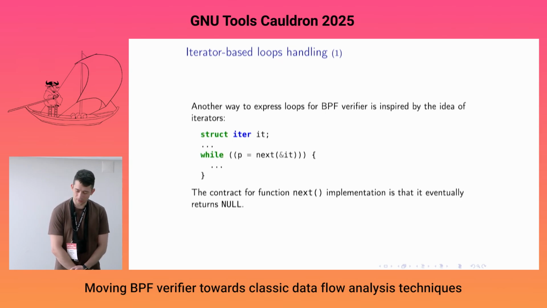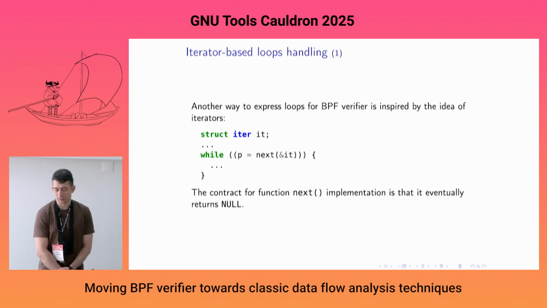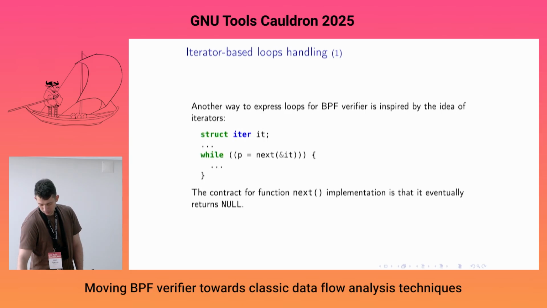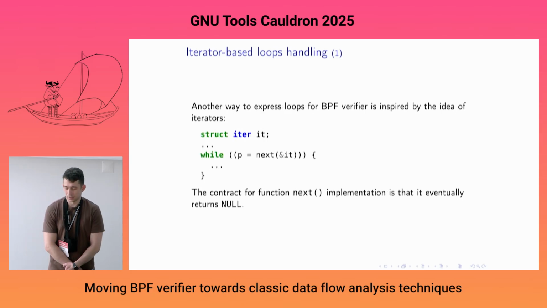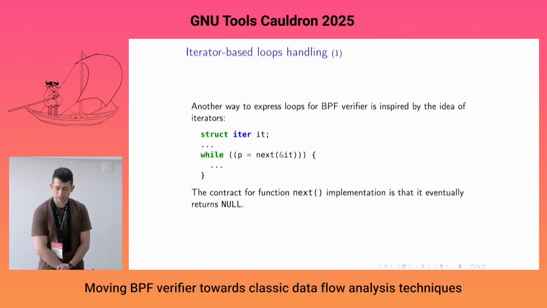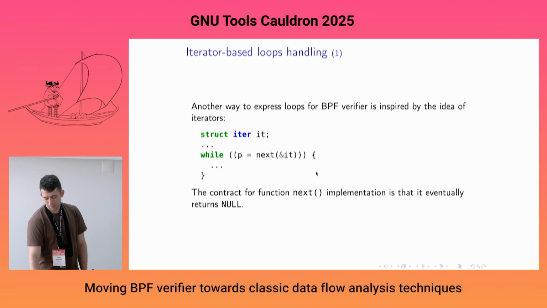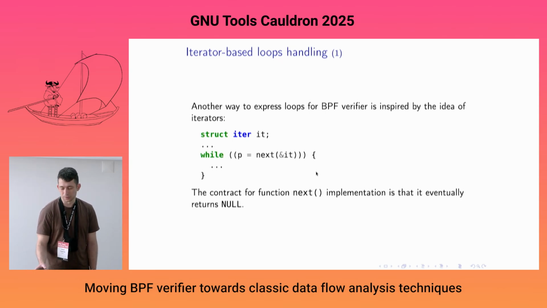The contract is that the implementation of function next on the kernel side will eventually return null. At the call to next, the verifier forks the state, and in one branch it emulates the exit, the null returned by next, and proceeds through that branch. On another branch, it simulates another iteration of this iterator.